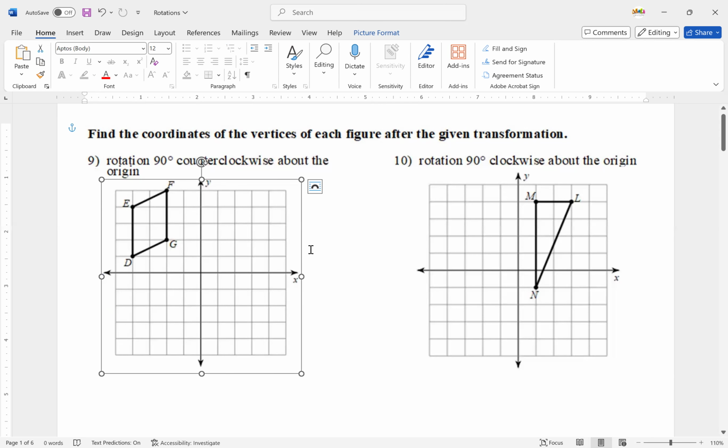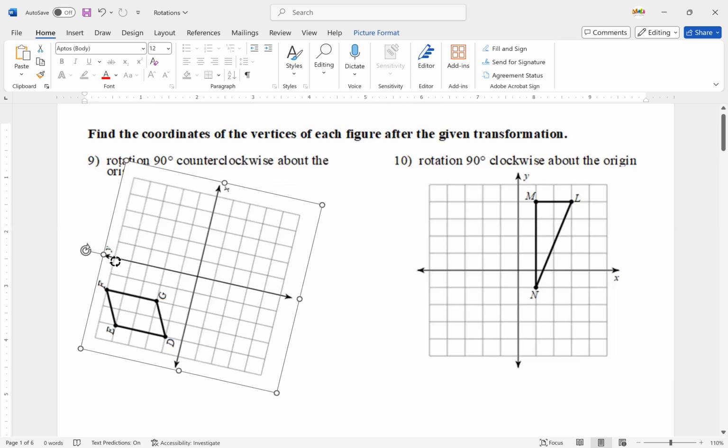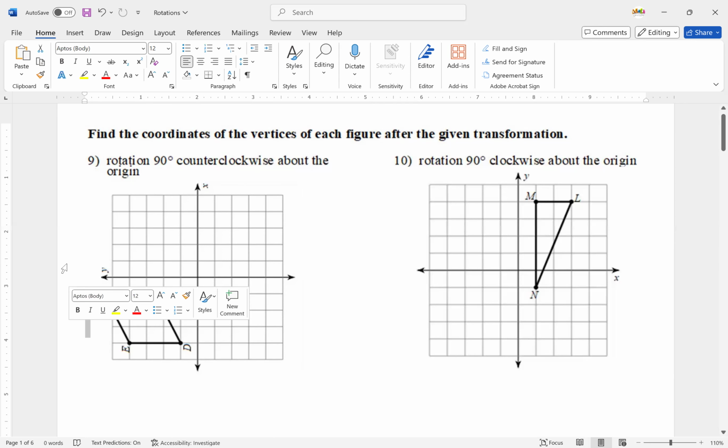Now my example here says rotation 90 degrees counterclockwise. Okay, so I'm just going to go here. Again, in your case, flip the screen. So for your homework, I'm going to go against the clock 90 degrees. Boom, it's right there. You guys see my picture?